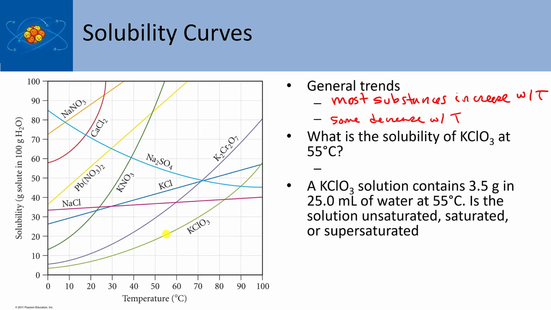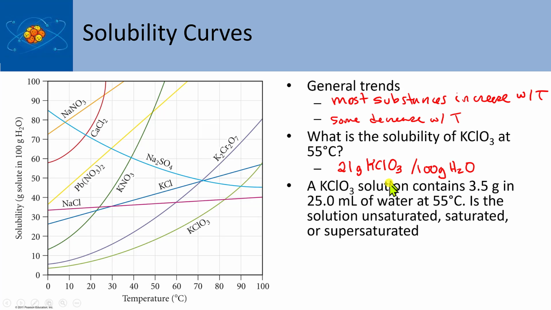Let's just call it 21. That means 21 grams of KClO3 would dissolve in 100 grams of water, so if you had that much, that would be a saturated solution.